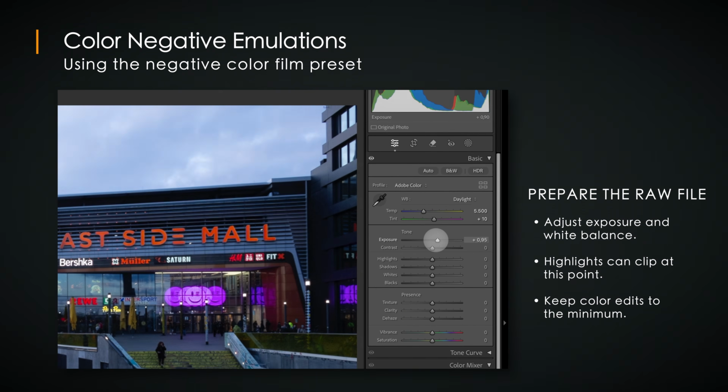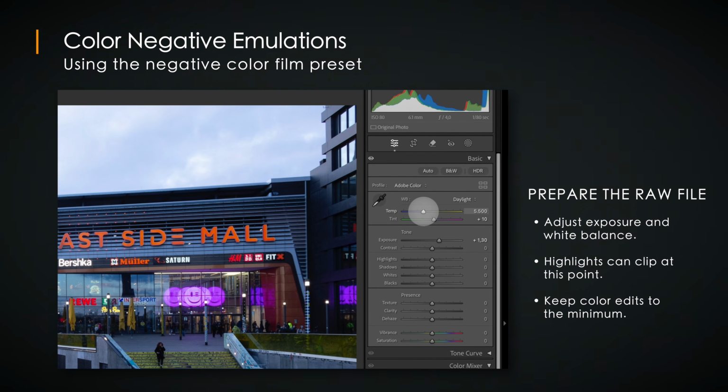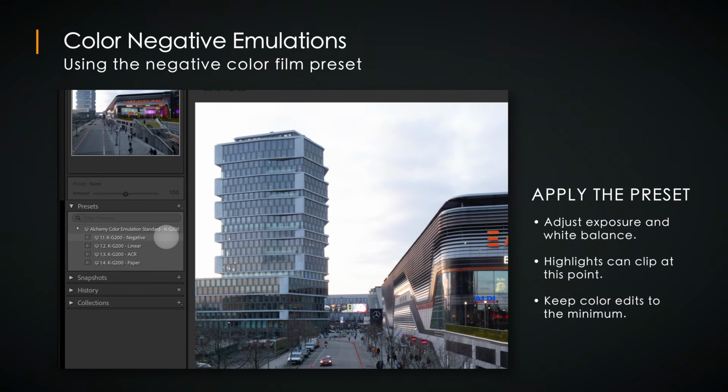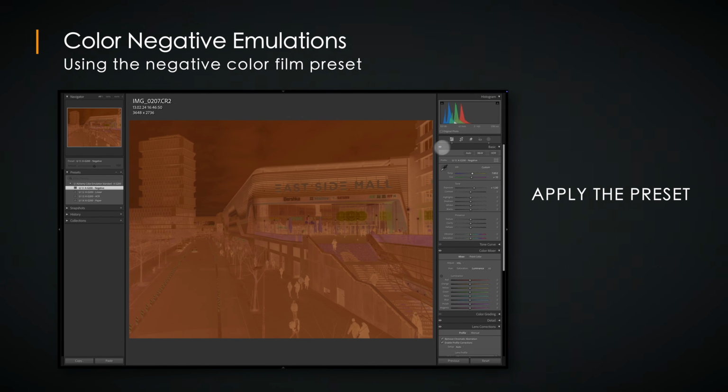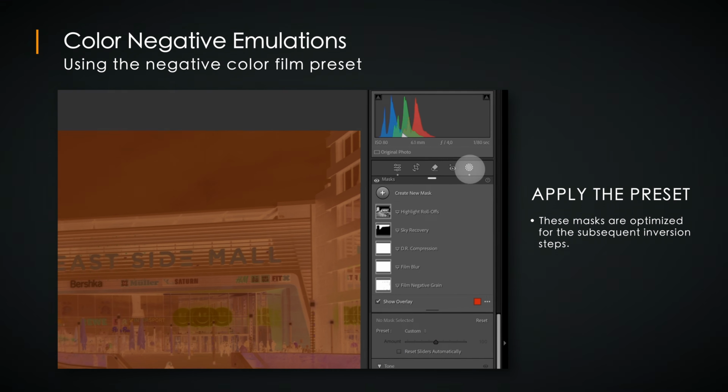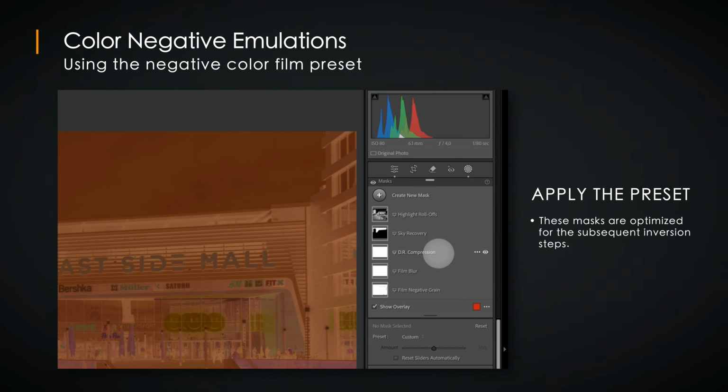Select a raw file, adjust exposure and white balance, and apply the preset. A similar set of masks used in the positive emulation will be applied.